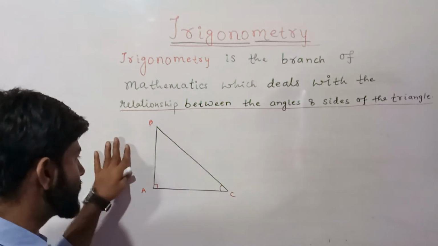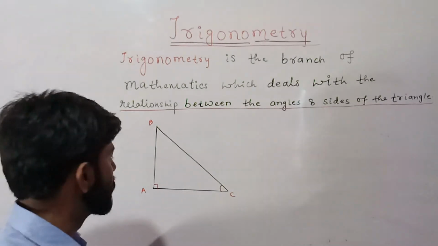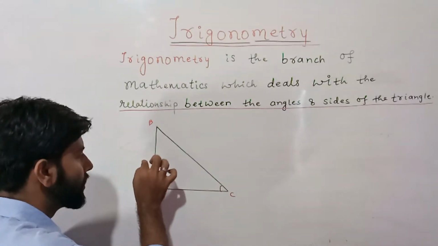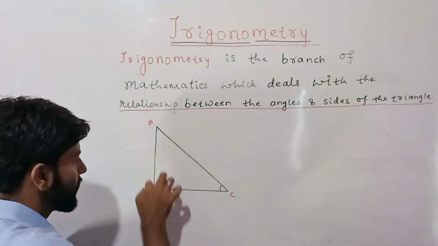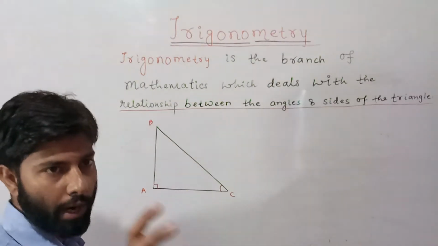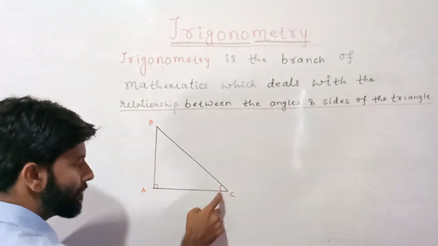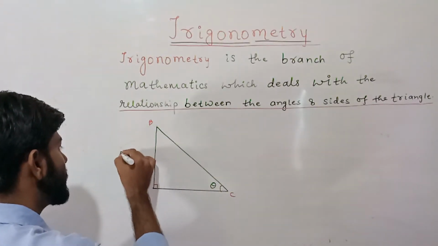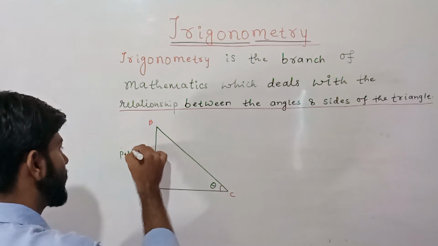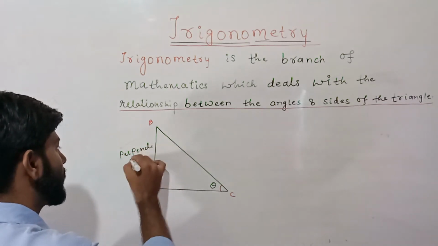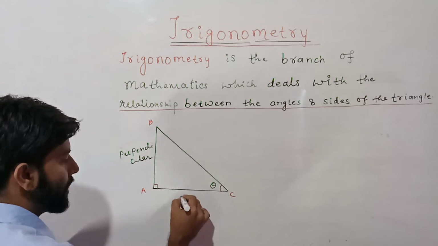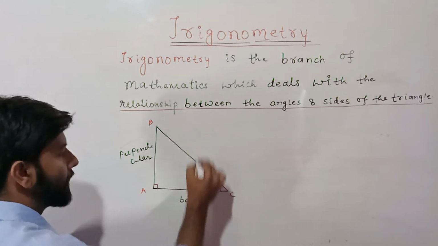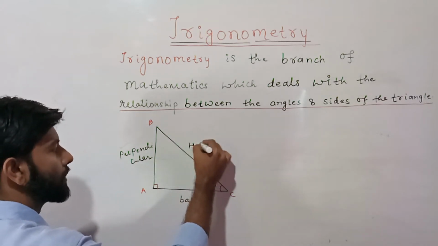To say this is perpendicular, we have to observe this length from a particular angle. Suppose if I am observing this angle, then only this will be perpendicular, and this will be your base and this will be your hypotenuse.